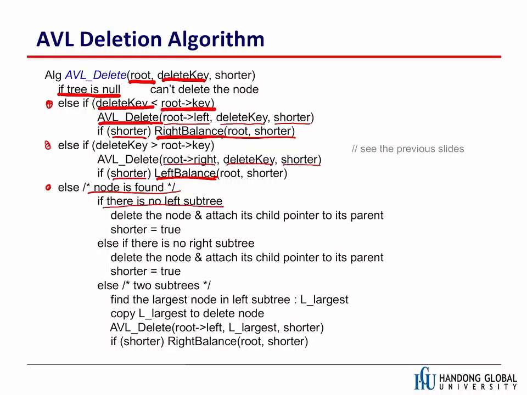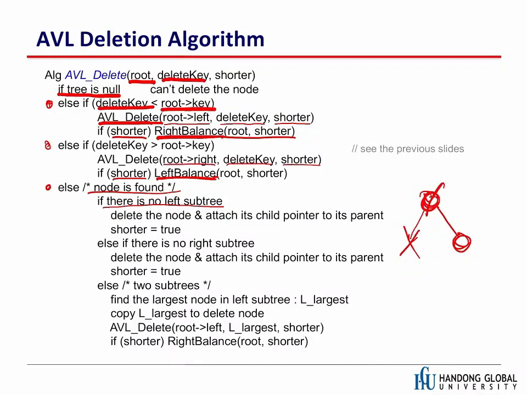First, there is no left subtree, so it's something like this. This is our target node, and we have the right child here, but we don't have a left child. We have nothing on the left.